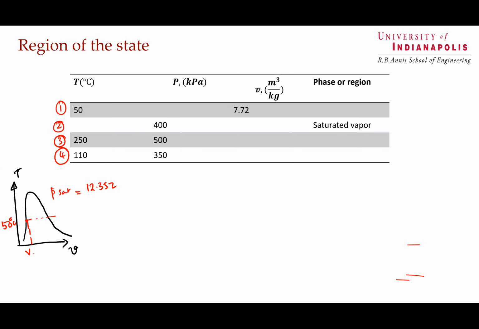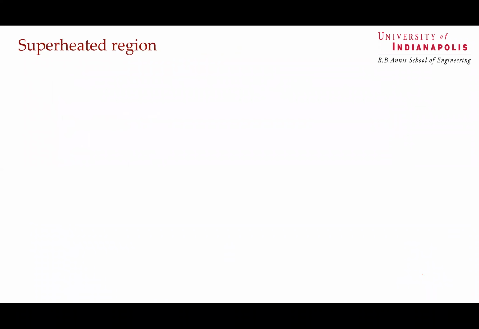Saturated liquid value of volume is given as Vf. Saturated vapor value of the volume is given as Vg. So then you look at the table. What are the Vf and Vg?